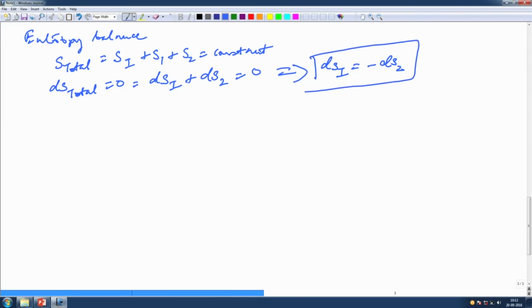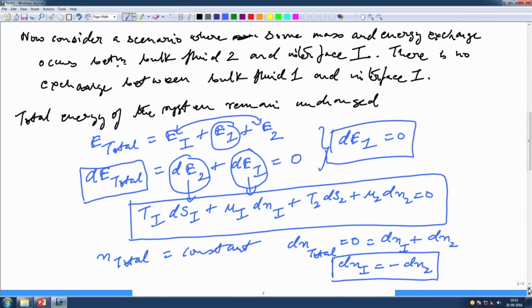If we rewrite the expression that we saw in the previous slide, we can cast it in terms of one variable only, because we have dS2, dSi, dNi and dN2.